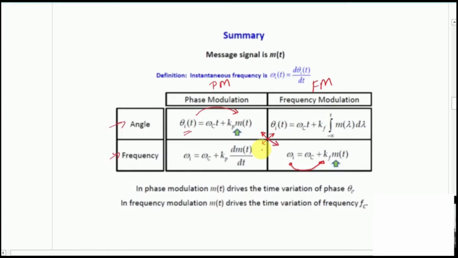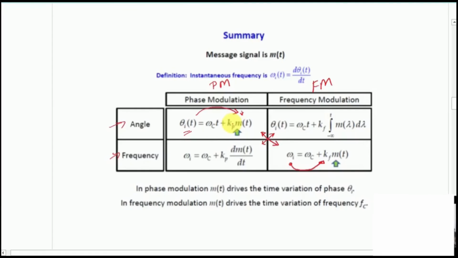Next, we will talk about the system block diagrams of both phase modulation and the frequency modulation. Specifically, when we are mentioning phase modulation, let us start with the message signal m of t. You can observe that the message signal is being multiplied with a constant which we call Kp. This is a sensitivity constant.